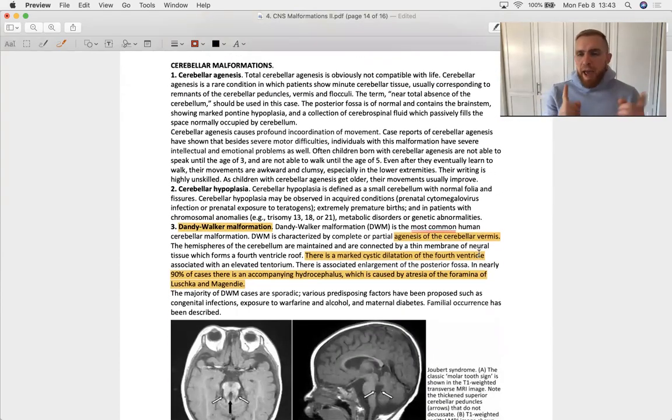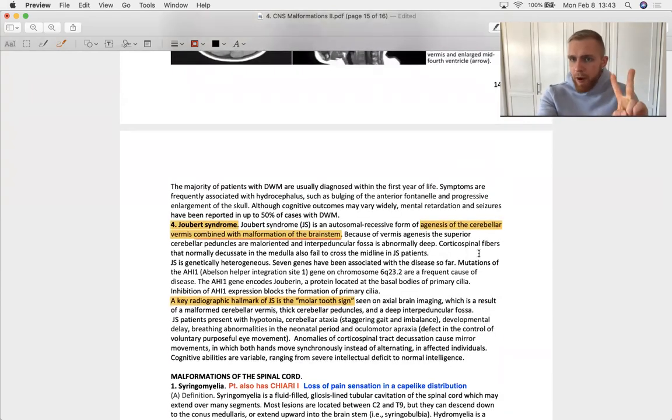Now we're on to a couple of similar pathologies that are similar in that they're downward cerebellar displacement syndromes, and they're called the Dandy-Walker malformation and Joubert syndrome.